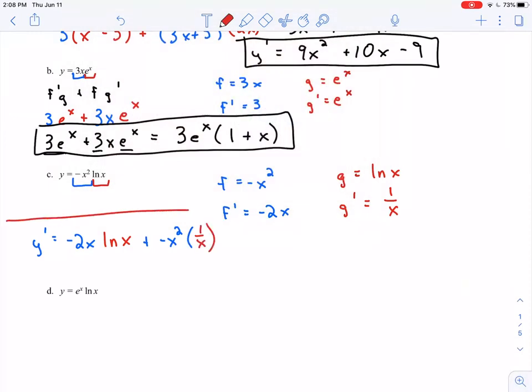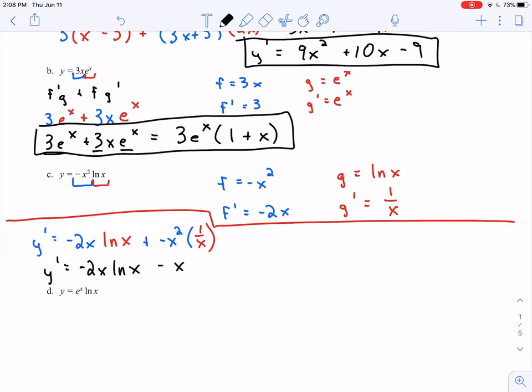And let's just section this off so that we don't get mixed up. This one I can do just a little bit of simplifying with this term right here. I can go ahead and cancel a factor of x. When I do that, I'll have y prime equals negative 2x natural log of x minus x.